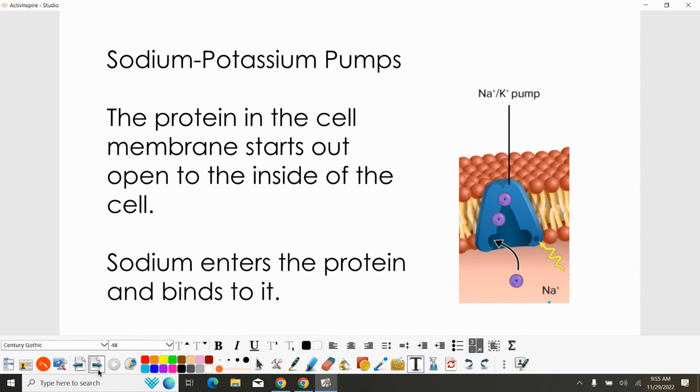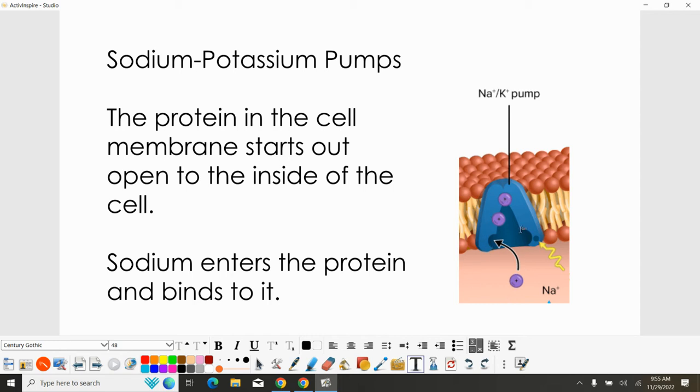It is another form of transport that is run by or facilitated by a protein. Except what we're going to be doing here is moving things against the concentration gradient. Here's how it works. The initial state of our protein is in a cone shape with its opening facing towards the inside of the cell.